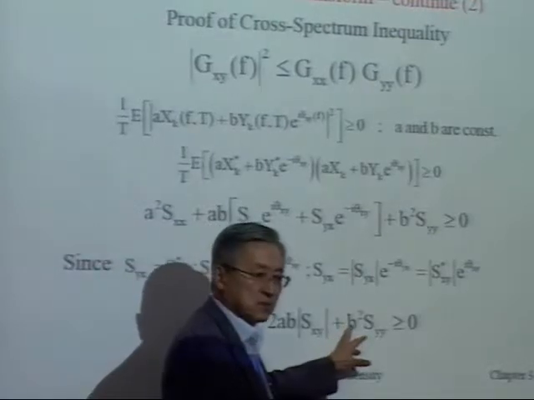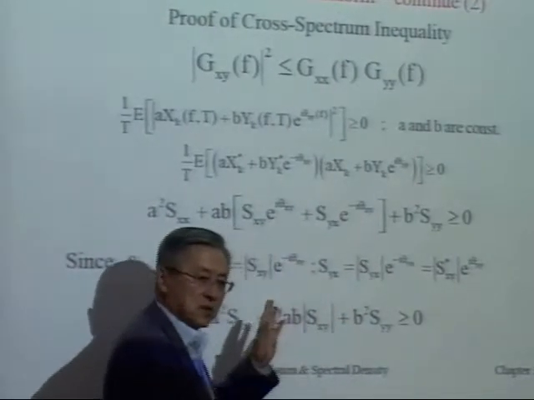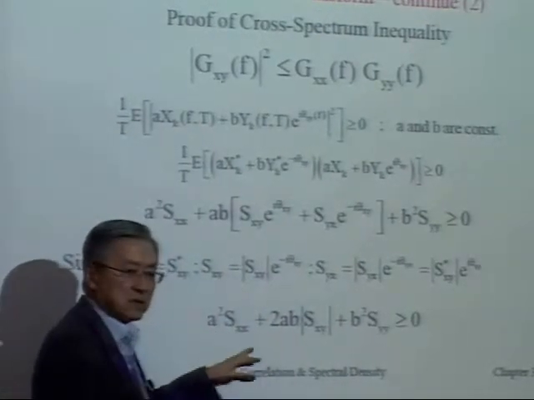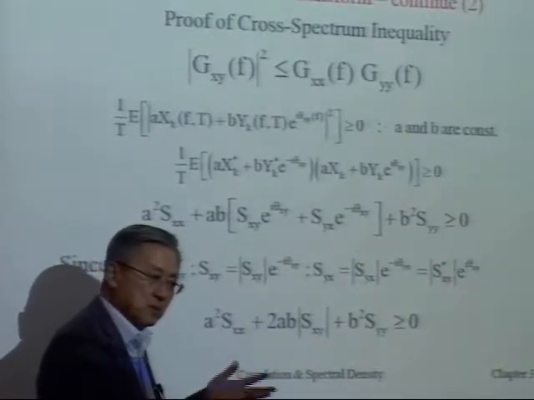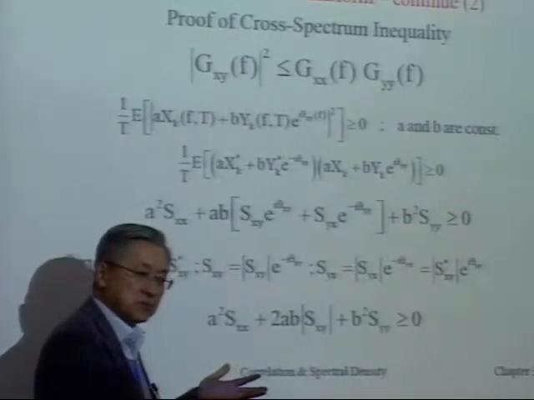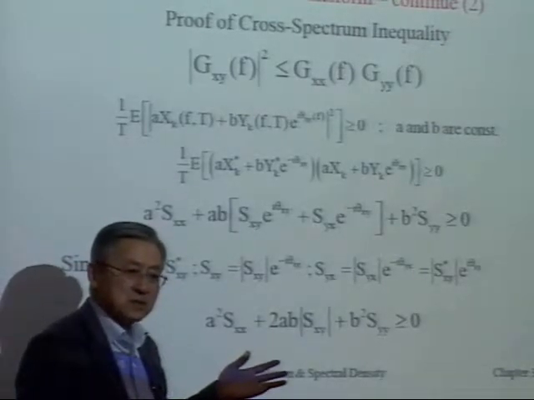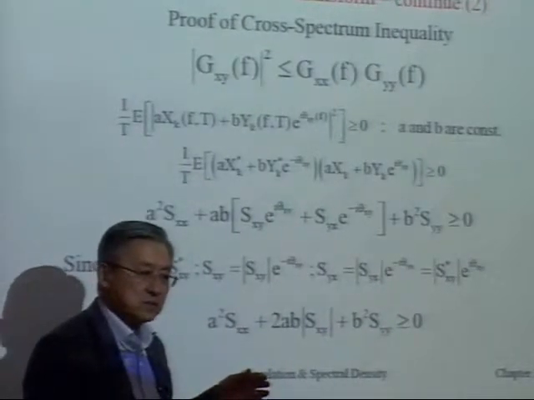This becomes 1. Then this is a quadratic equation with respect to a over b. Then apply the discriminant, right?